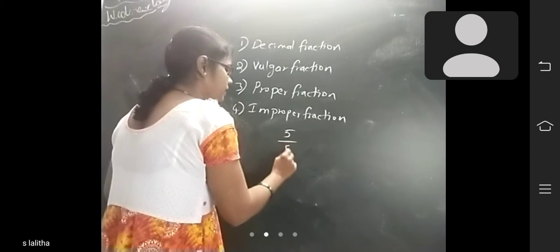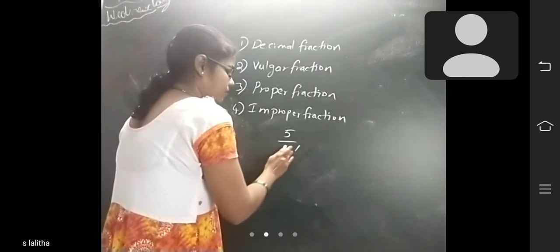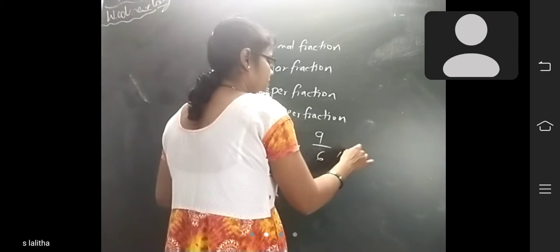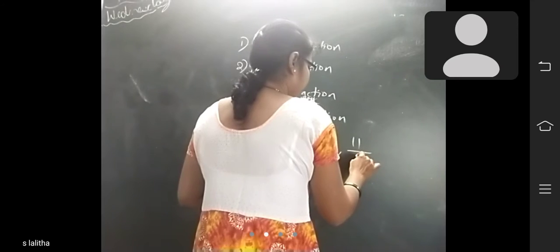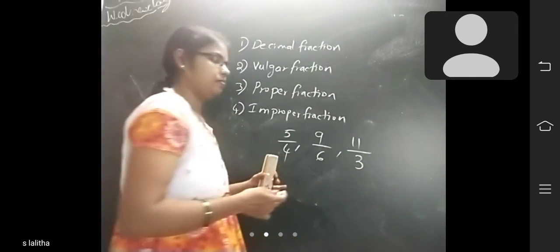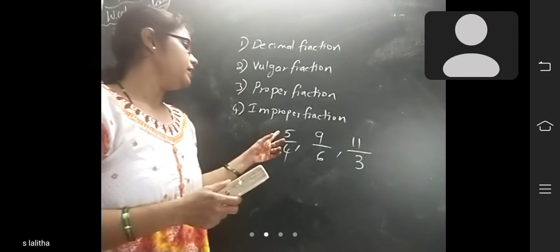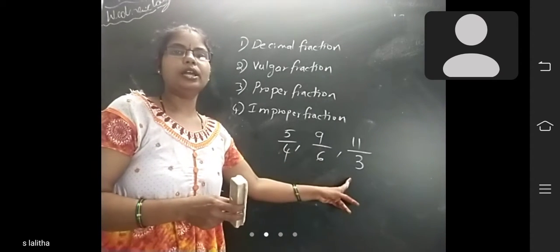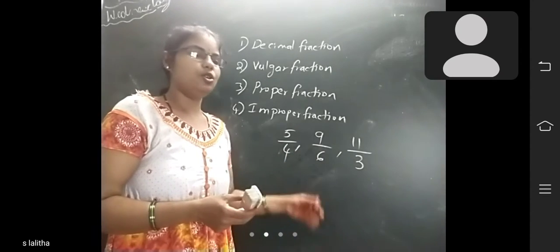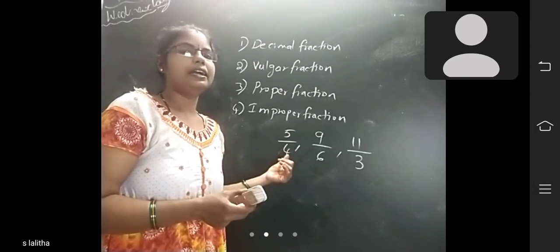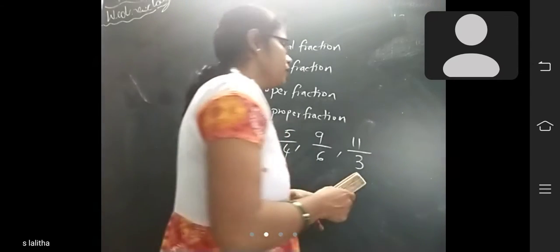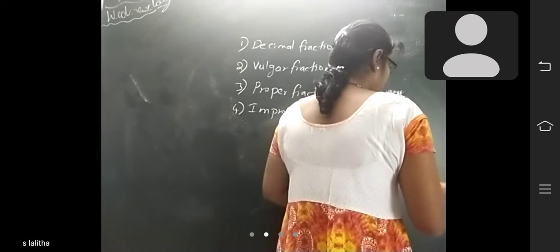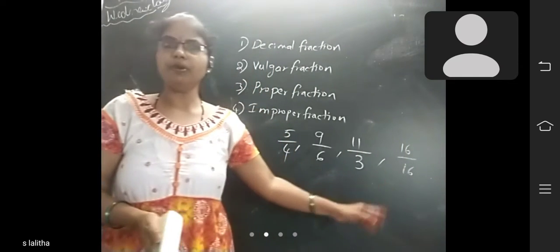That means 5 by 4, 9 by 6, 11 by 3. See here, the numerator is greater than the denominator. Also, if the numerator and denominator are equal, that fraction is also an improper fraction.